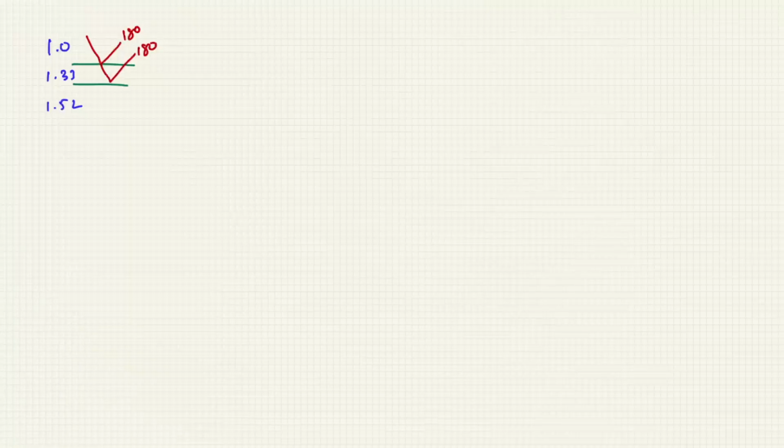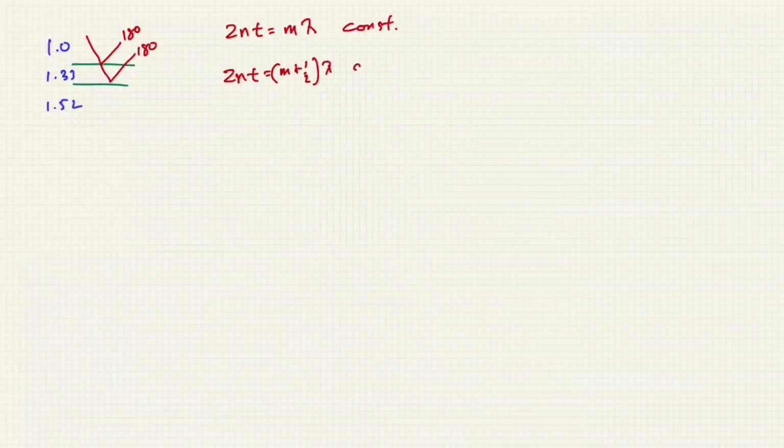So if I leave everything alone, excuse me, and I don't change anything, what do we end up with? Why is it constructive? They're both 180. They're both the same, right? So this is my constructive equation. So what is the other equation going to be? The one with the half in it? This will be destructive.